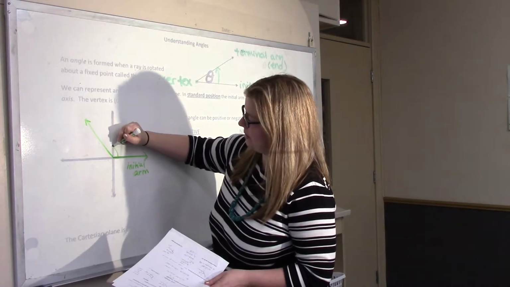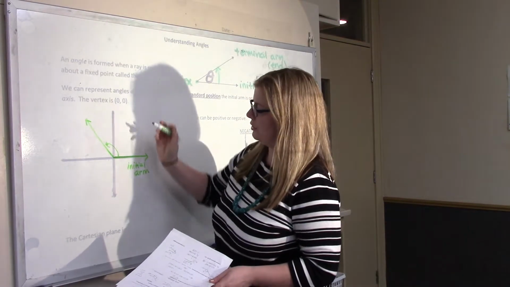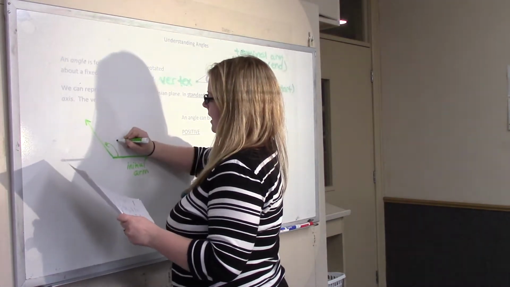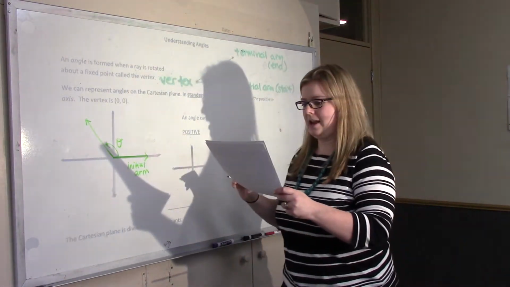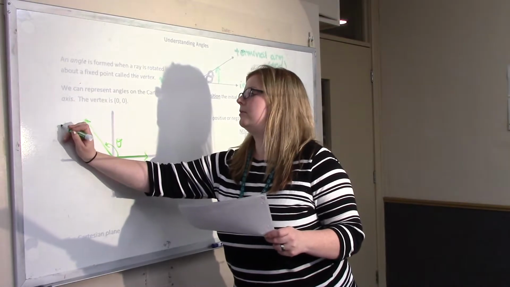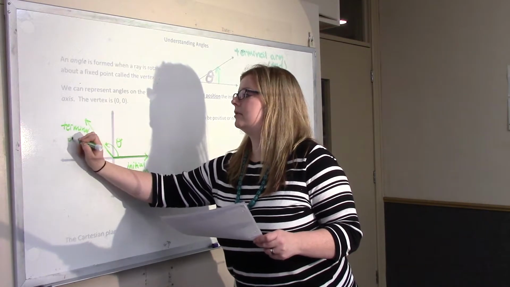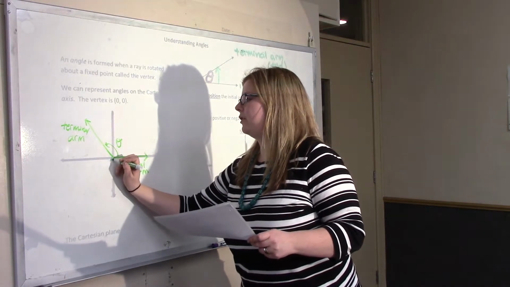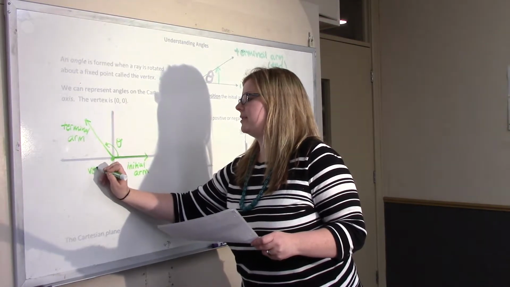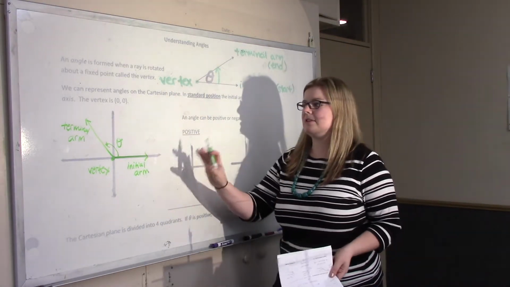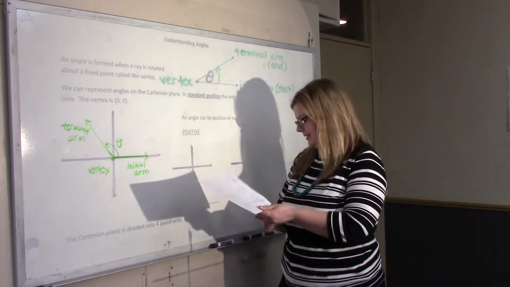In this case, I just drew it here, so we rotate in this direction. This is theta, and this is called the terminal arm. And this is the vertex. The origin is the vertex. This description is very important.